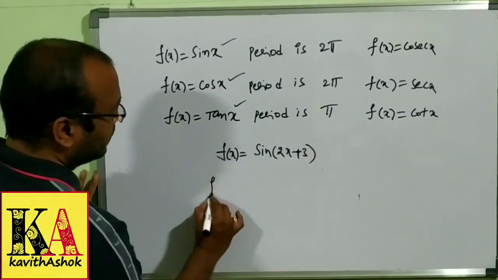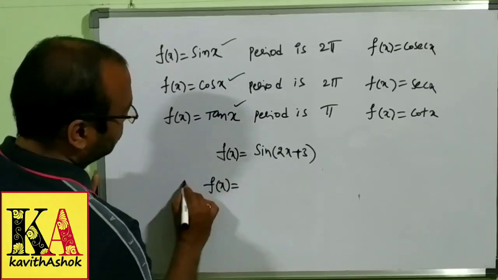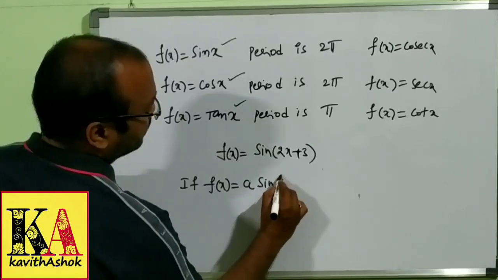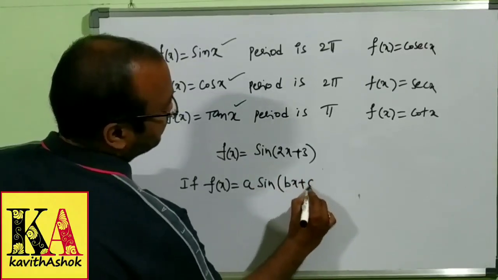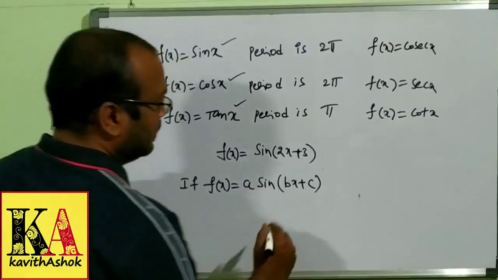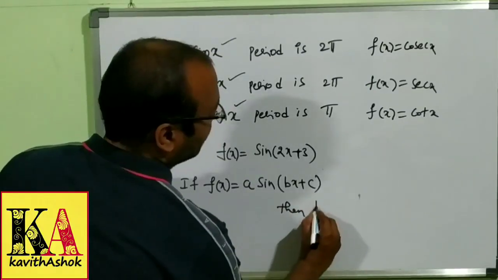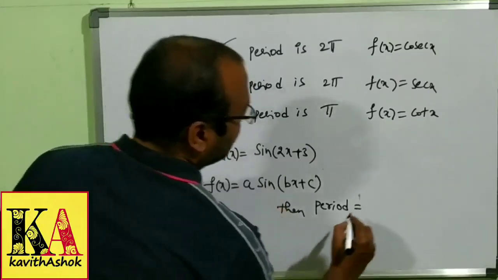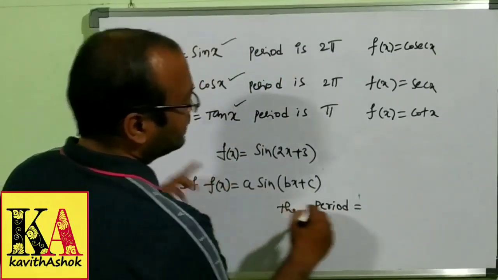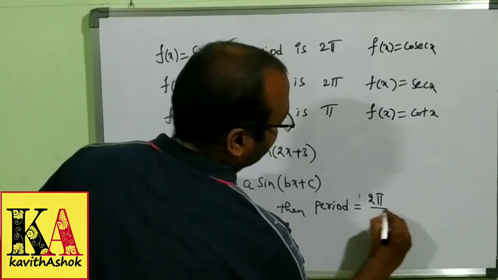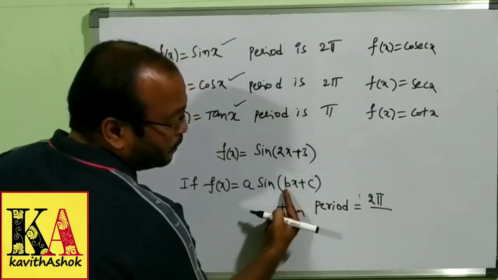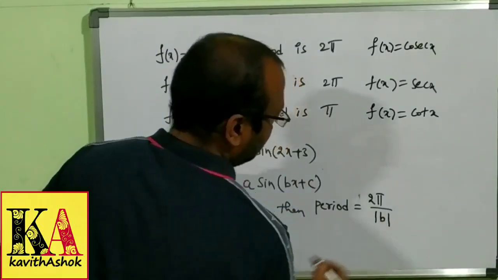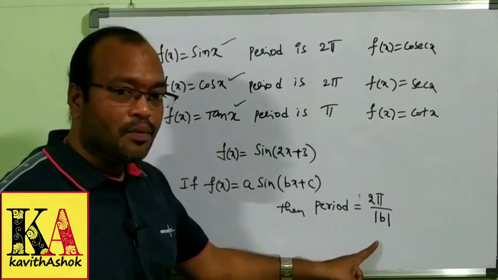For that, if f of x is equal to A sin bx plus c, the function is like this, then the period is, actually the period of sine is 2 pi, divided by the multiple of x, which is b. We take the modulus of b, so the period will be 2 pi by mod b.